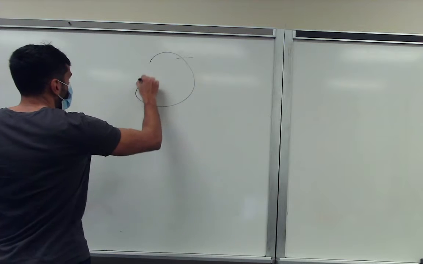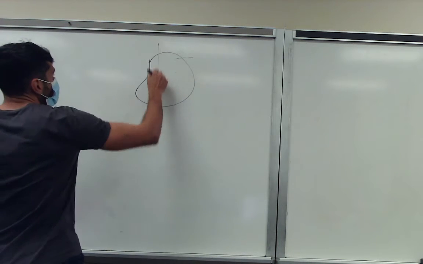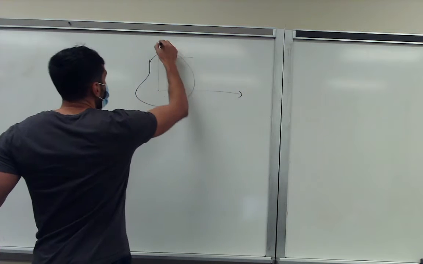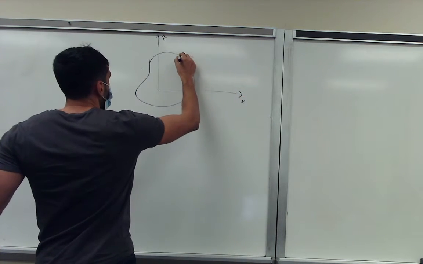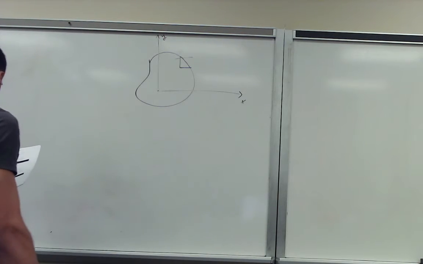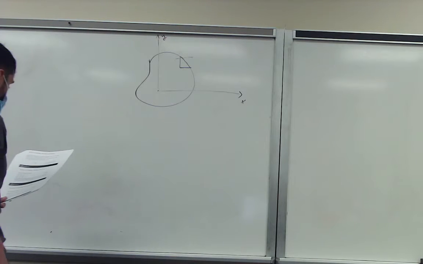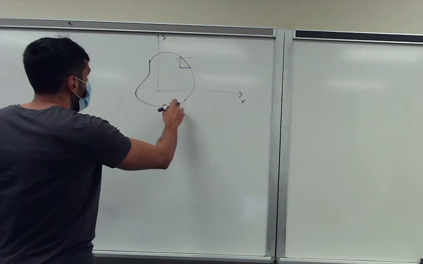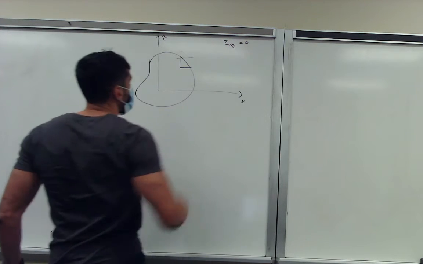So, assuming any cross section that we have, we can determine a couple of things. Let's first define our XY coordinate system, and then we can define a certain element on the boundary. And one of the things that we said is that on the boundary, if we look at the XY plane, the shear forces in XY are equal to 0.